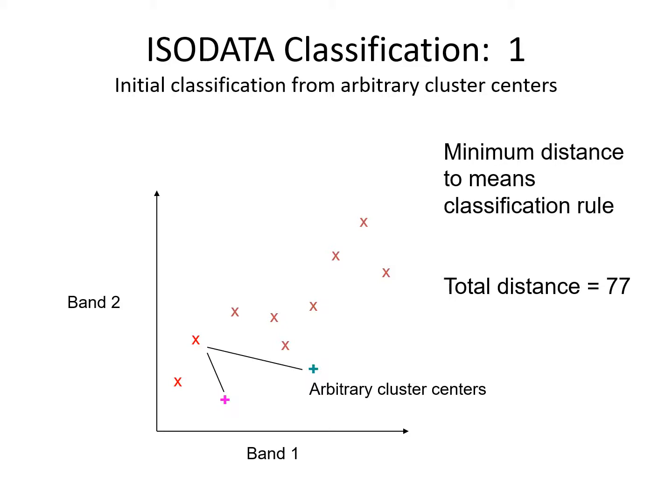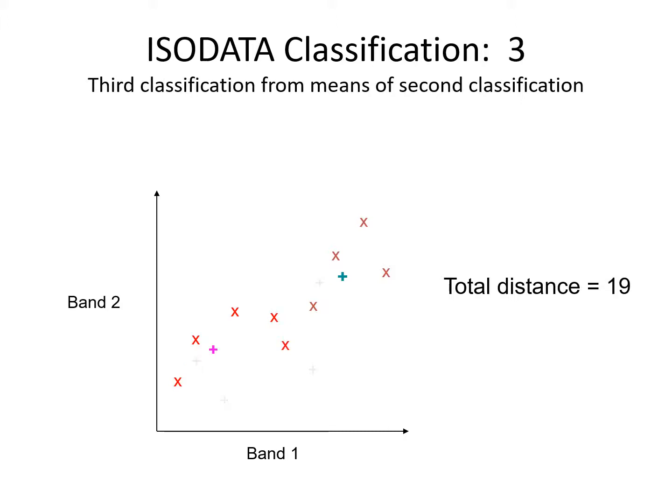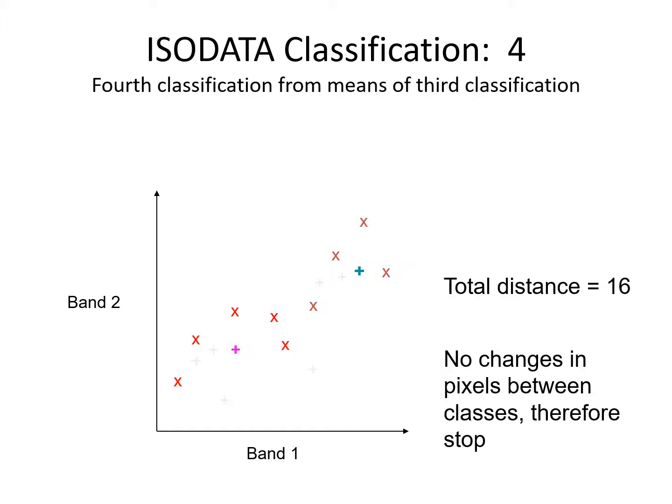It looks at the minimum distance to the means, figures out the total distance and all the other parameters. It uses those classes that it sets, works from that. Like we said, it looks at standard deviations within the class and the means, and tries to decide if it needs to bring more stuff in or if it needs to divide stuff out. And it processes a second, a third, maybe more.